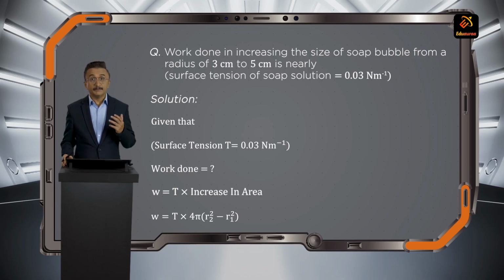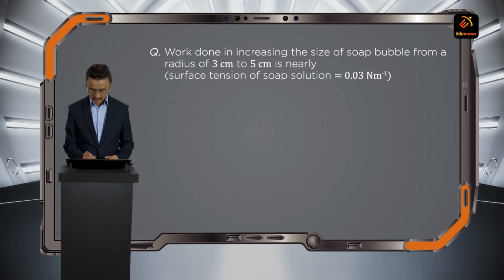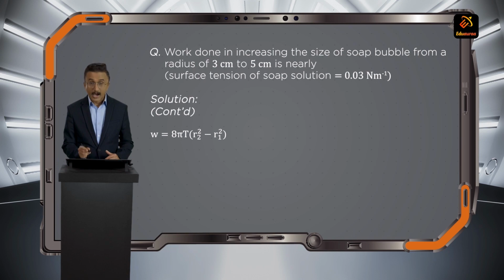But as we have the bubble, it has two surface areas, the inner one and the outer one, and that's why it must be multiplied by 2. So it is 8 pi T (R2 square minus R1 square). So this is the work done.